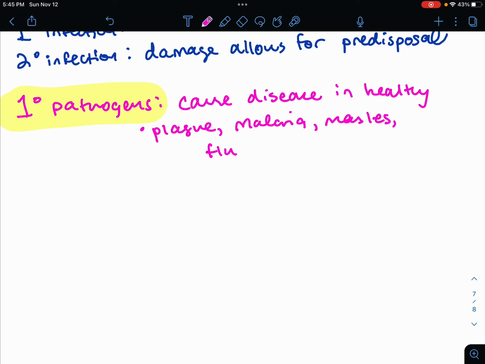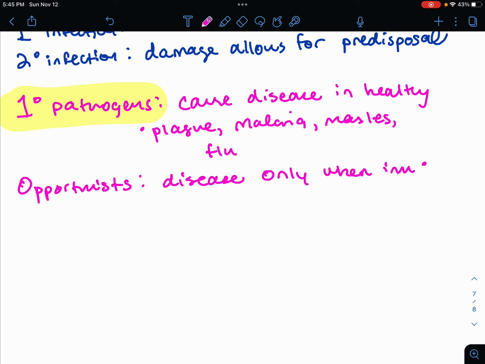Please also do that. Okay, so we also have opportunistic pathogens, or opportunists. These cause disease only when the body's innate or adaptive defenses are compromised. So, disease only when the immune system, and it could be either innate or adaptive, is compromised.